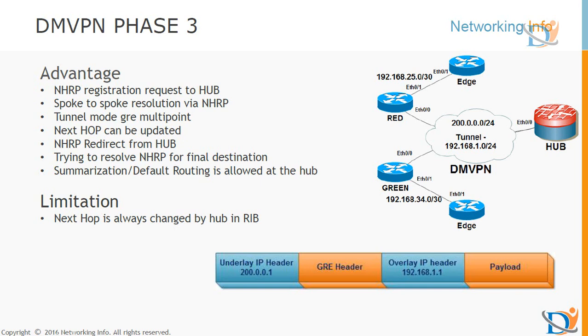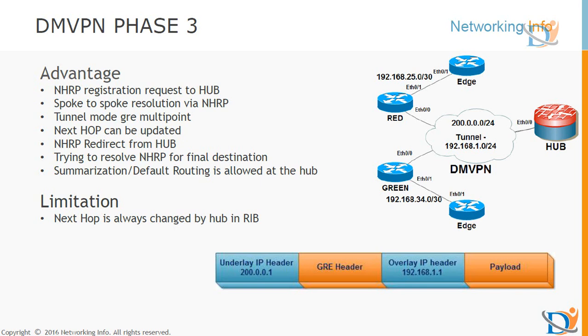The NHRP shortcut is a new mechanism for overwriting the CEF table. So when you want to send packets between spokes, you are going to overwrite the CEF table if you are using DMVPN Phase 3.